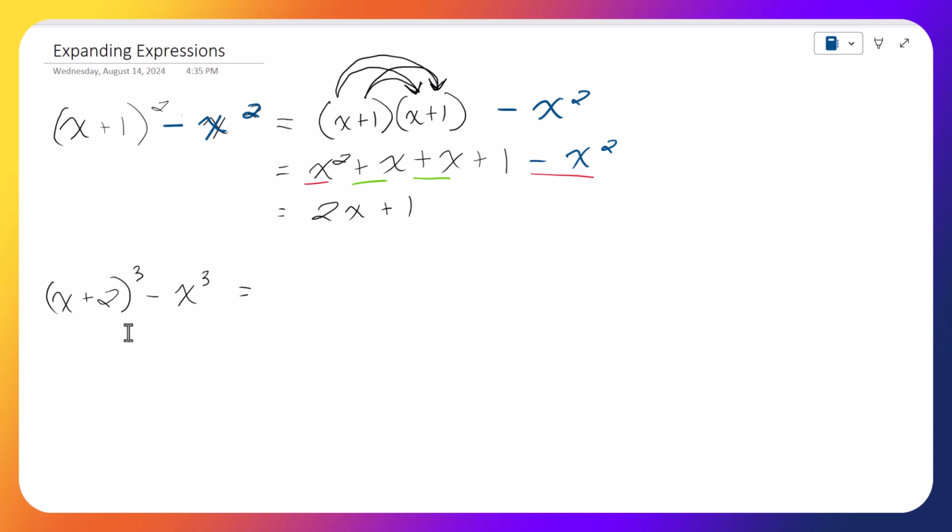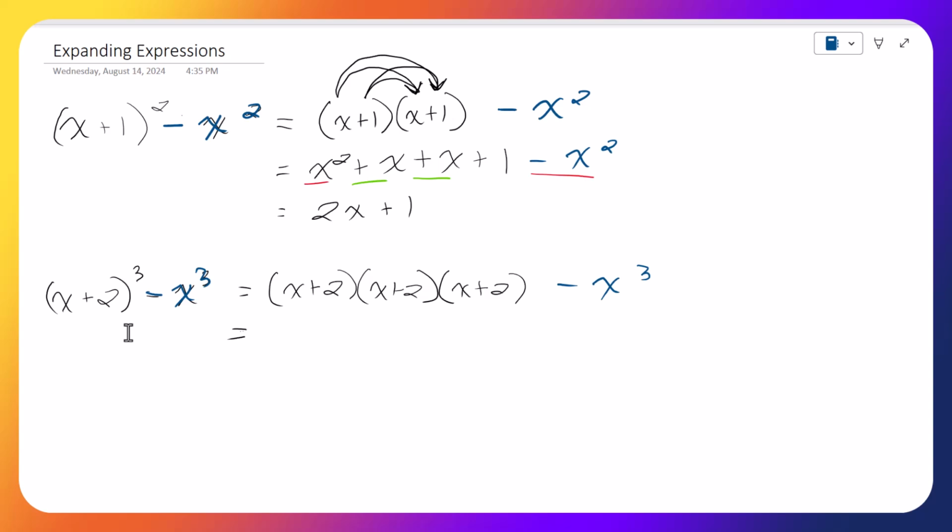And we're just going to have to be kind of fast with it. But we have x plus 2 times x plus 2 times x plus 2, again, minus x cubed, just because I don't want to forget it. And for this, I'm going to do it piece by piece.